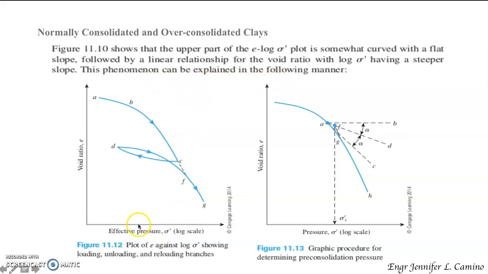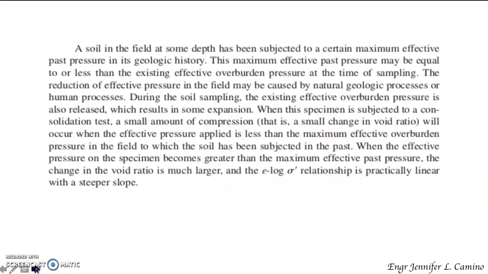For this one, we have the plot of e against log of sigma prime showing loading, unloading, and reloading branches. And we have now the graphic procedure for determining the preconsolidation pressure. These are the illustrations for the linear relationship for the void ratio with log of the effective pressure.